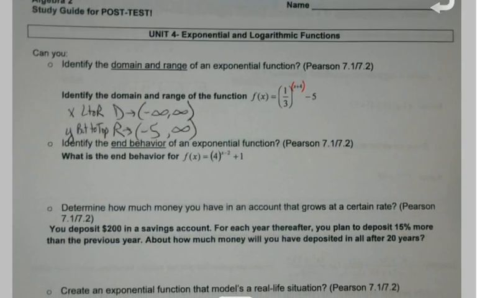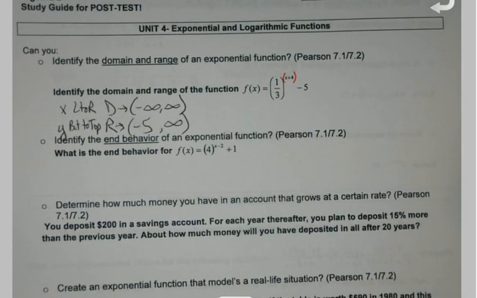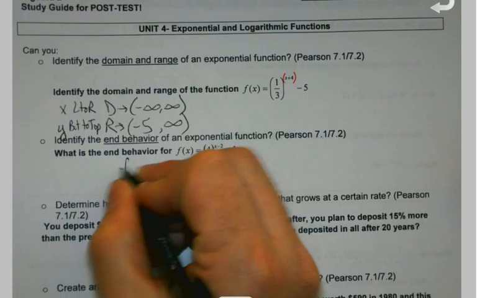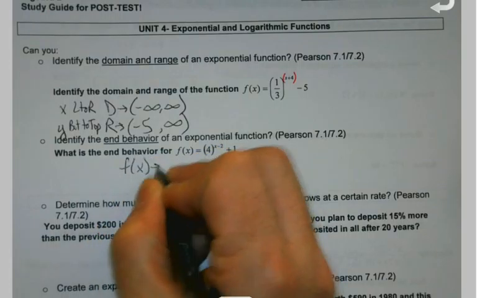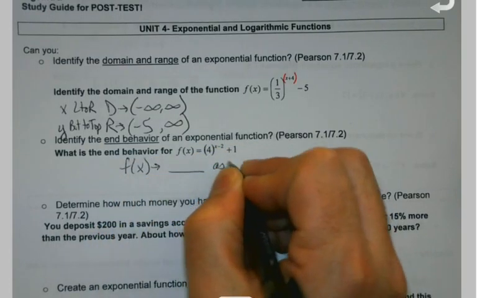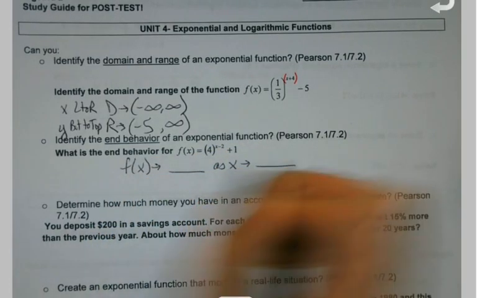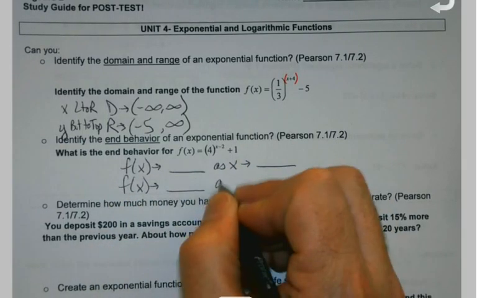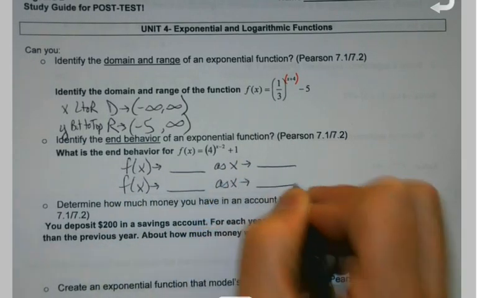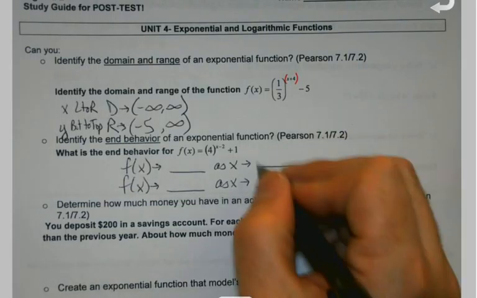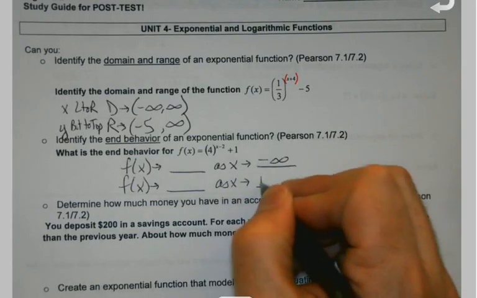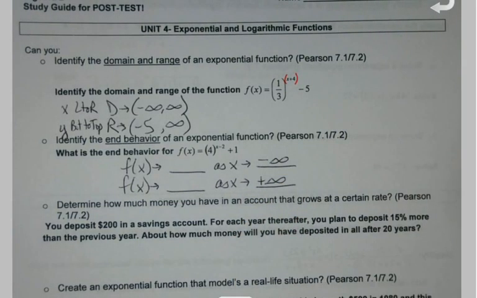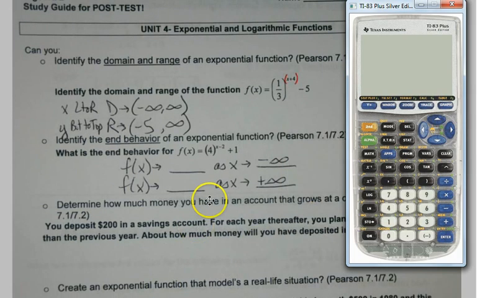Okay, end behavior. Now again, you remember when we had the blank, and then we had the x, and then we had the blank, and we had two of these because there's two different things that we're looking at. But the one thing that was always nice was we always knew that the x was going to be positive and negative infinity, to cover everything.